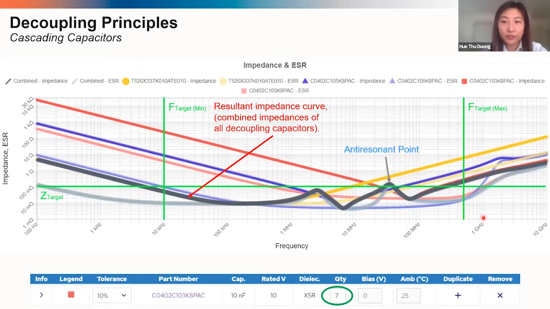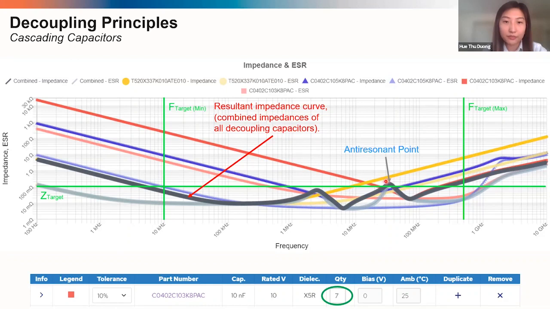To further lower the impedance at the upper bound, we've added 6 more of the 10 nanofarad ceramic part, which did drastically lower the impedance at the upper bound. However, doing this raised one of the anti-resonant points. So this is now a problem, as this is much higher.